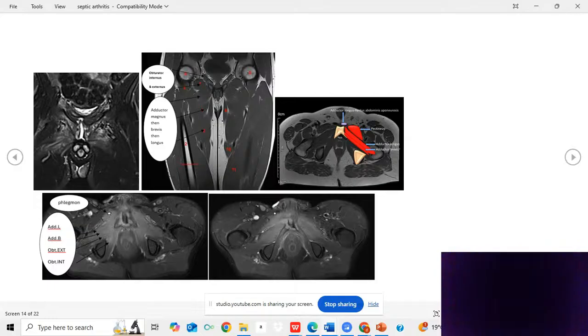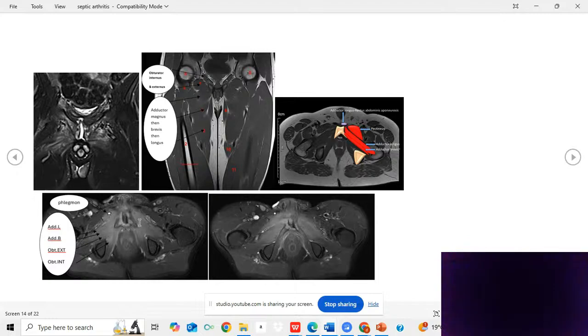These adjacent muscles to the joint show abnormal high STIR signal as well as post-contrast enhancement. Can you see the post-contrast enhancement of the muscles? Yes. So this is the obturator internus, obturator externus, then the adductor brevis and the adductor longus.